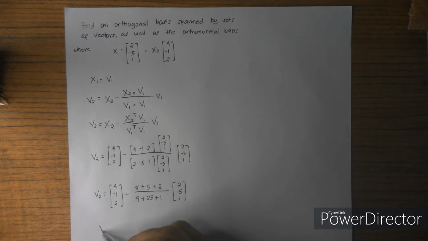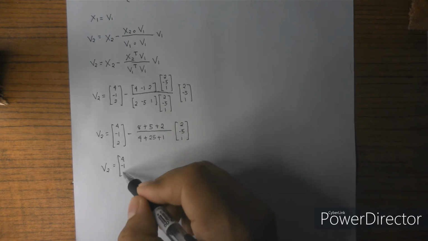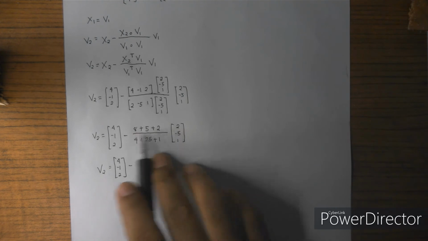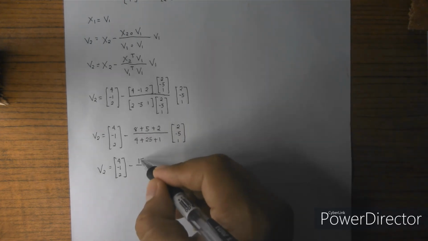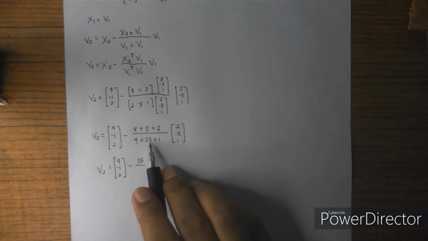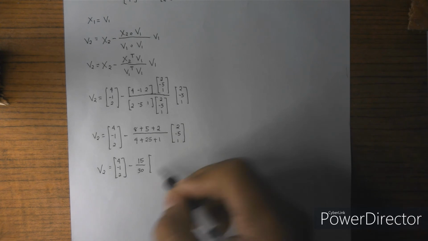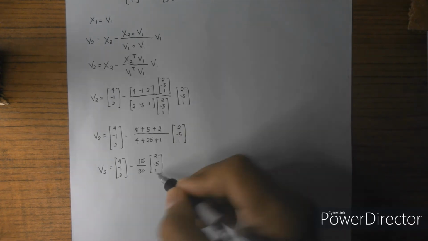Continue. v sub 2 is equal to (4, -1, 2) minus. We add 8 plus 5 plus 2, which is equal to 15. In the denominator, 4 plus 25 is 29, plus 1 is 30. Again, multiply it with (2, -5, 1).